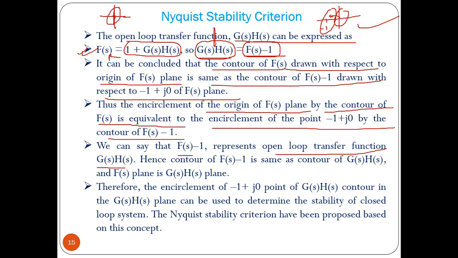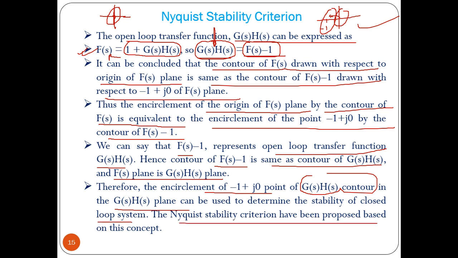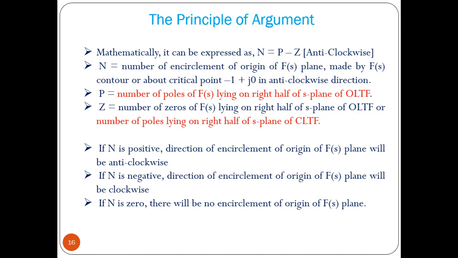Hence the contour of F(s) minus 1 is the same as the contour of G(s)H(s), and the F(s) plane is the G(s)H(s) plane. Therefore, the encirclement of the minus 1 plus j0 point by the open loop transfer function contour in the G(s)H(s) plane can be used to determine the stability of the closed loop system. The Nyquist stability criterion is proposed on this concept only.